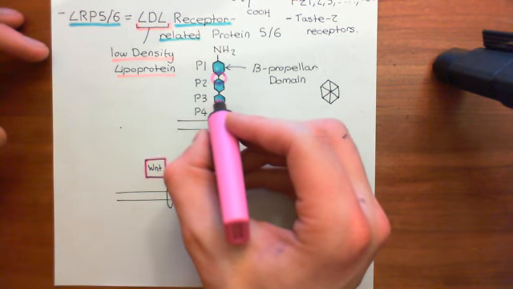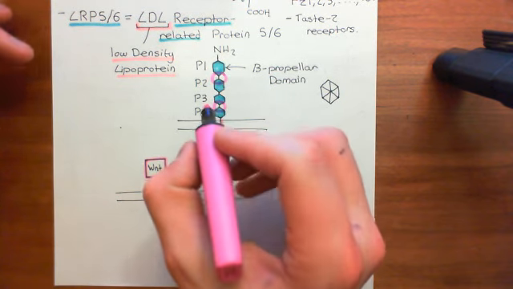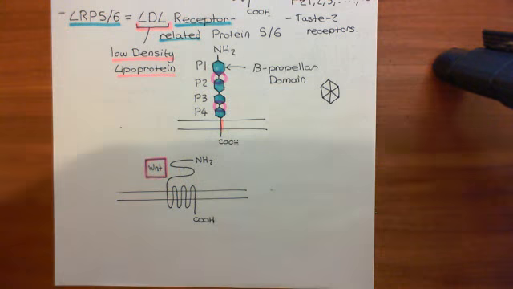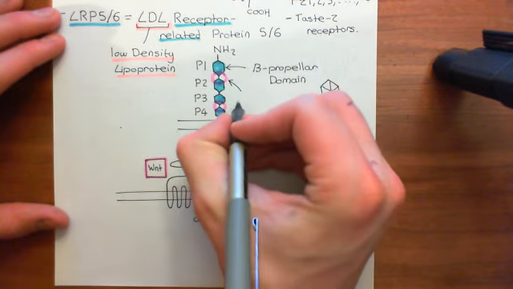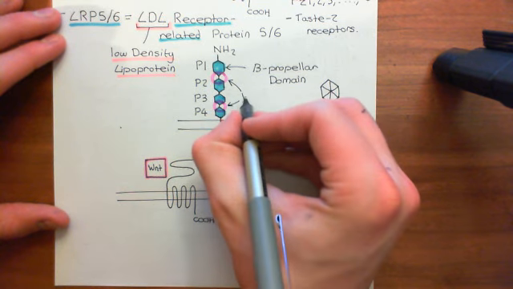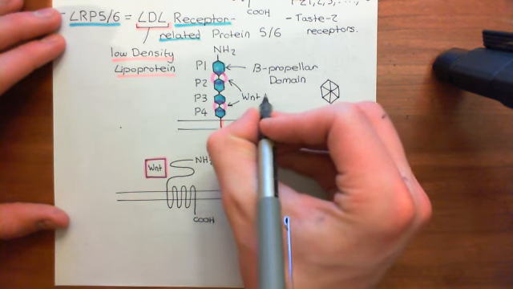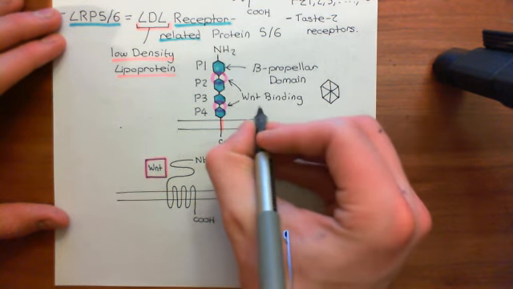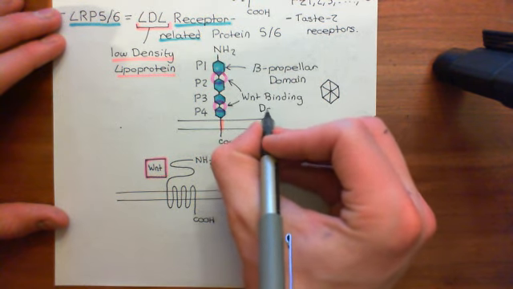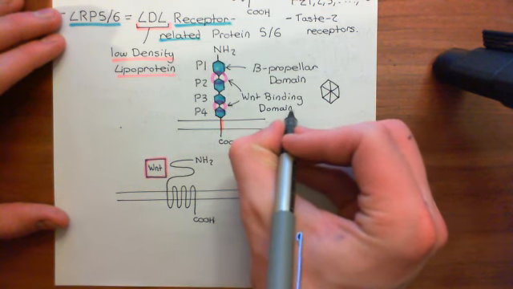So they'll bind to a portion of P3, and they'll also bind to a portion of P4. Okay, so there are those 2 different Wnt binding sites, and which one is used will depend on which Wnt molecule you are using, basically, to bind to these receptors. Okay, so these are Wnt binding domains here.